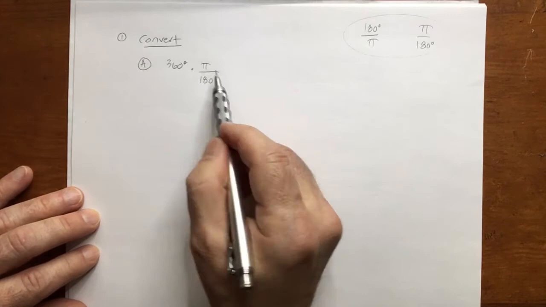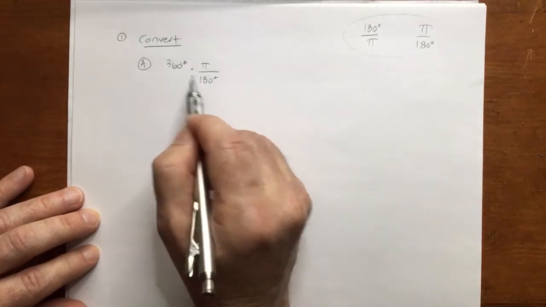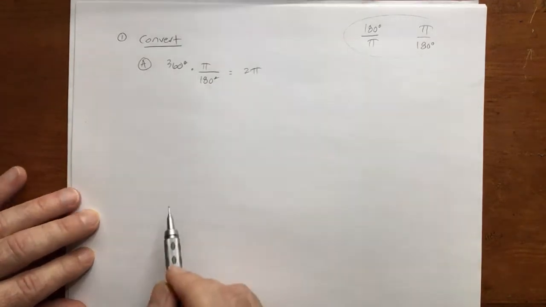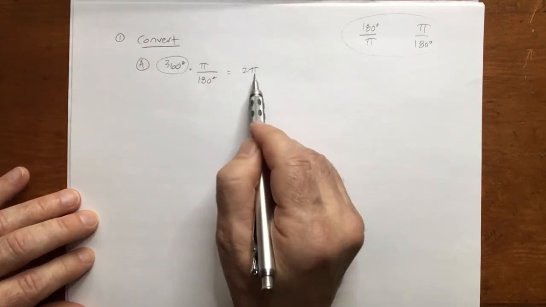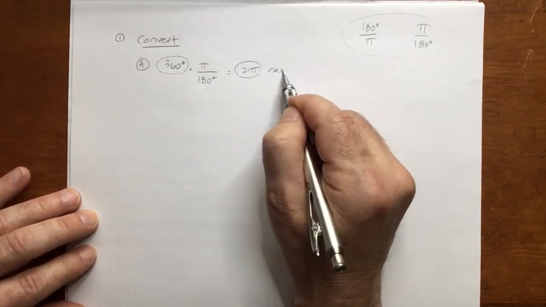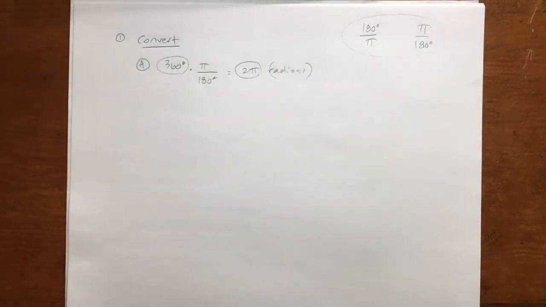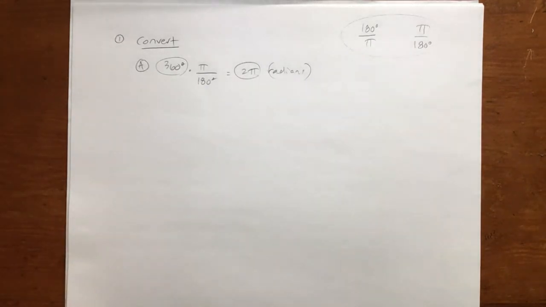And note that the degrees will reduce. So I reduce 360 divided by 180, that's 2. And so the answer, 360 degrees, is the same thing as 2 pi radians, but I'm not going to write radians from now on. Typically, if you see pi in an angle measure, that angle is being measured in radians.